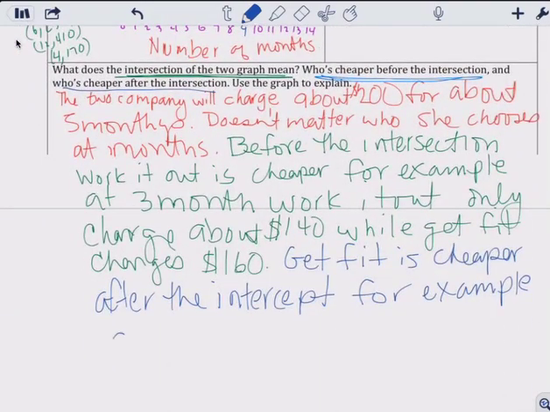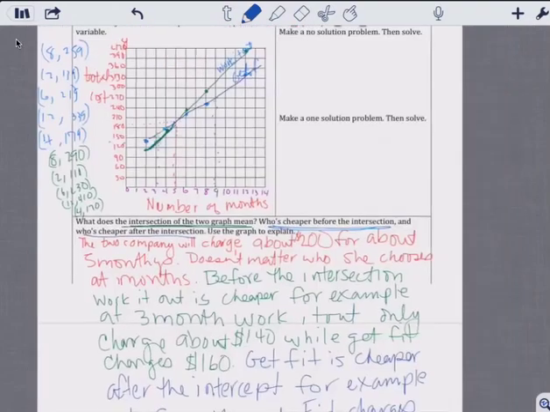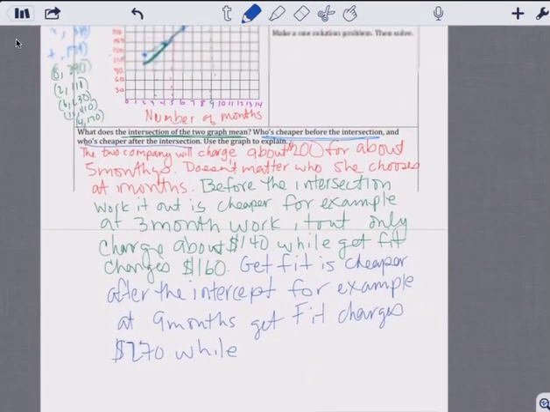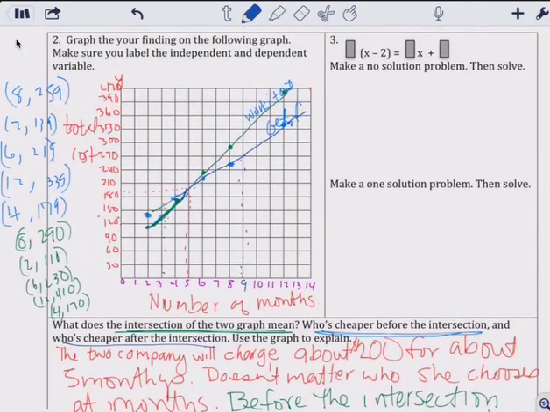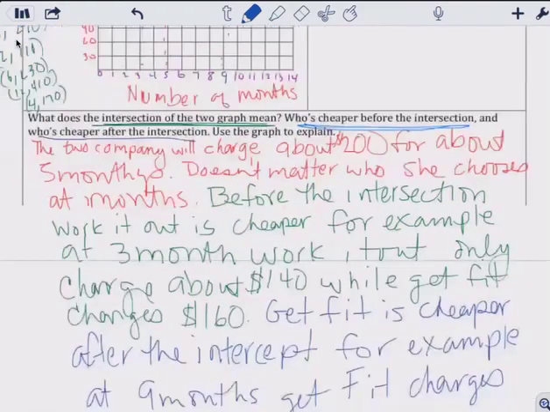For example, at 9 months, Get Fit charges 270, while Work It Out charges about 320.